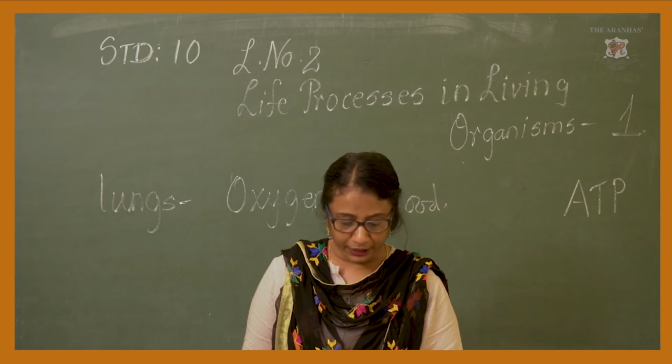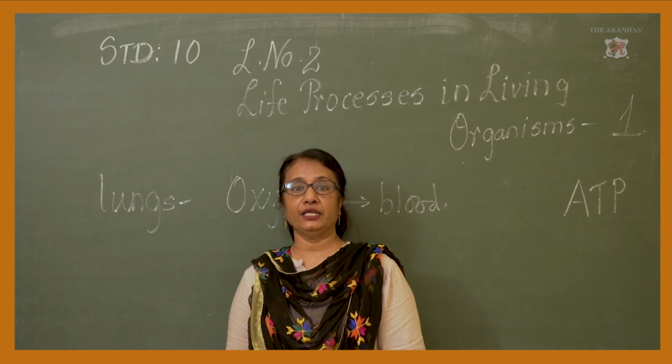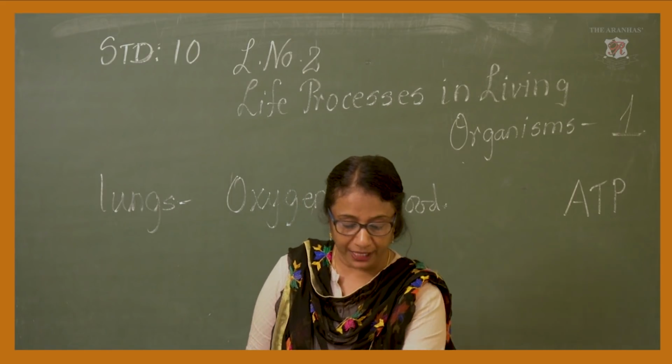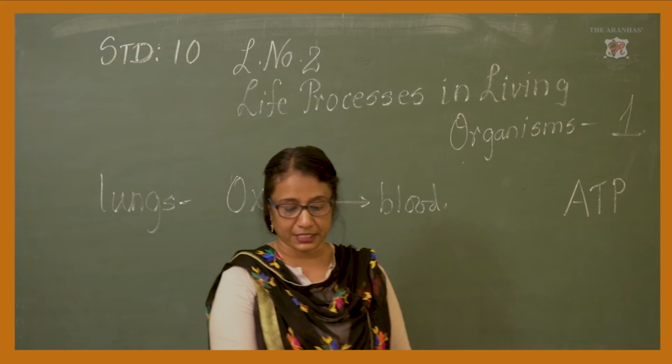Okay, children, if you look into your textbooks on page number 13, when you are studying, or if you have it right in front of you, you can open it. On page number 13, there is a diagram of the human respiratory system given to you.